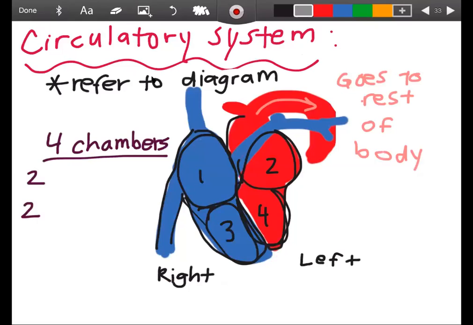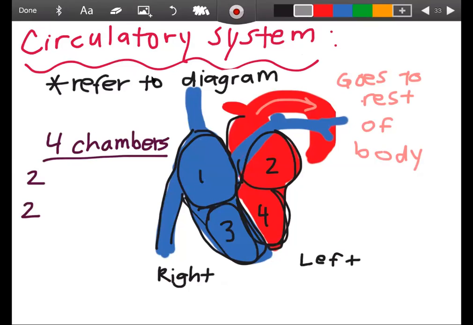Moving on to the circulatory system, I'm so sorry in advance. My heart drawing is a little rough, but I hope we can make sense of it. This is the heart, the main part of the circulatory system, which is why I drew it. Your heart is going to take blood, which I mentioned before, from the lungs.